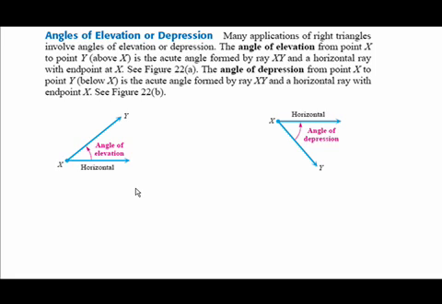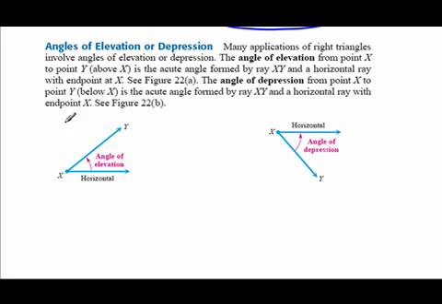Some vocabulary that I will throw out at you. If you hear the words angle of elevation or angle of depression, one simply means angle of elevation. Simply think of it as you're standing on the ground and you're looking straight across. You're looking parallel with the ground that you're standing on, and then you have to look up at something.